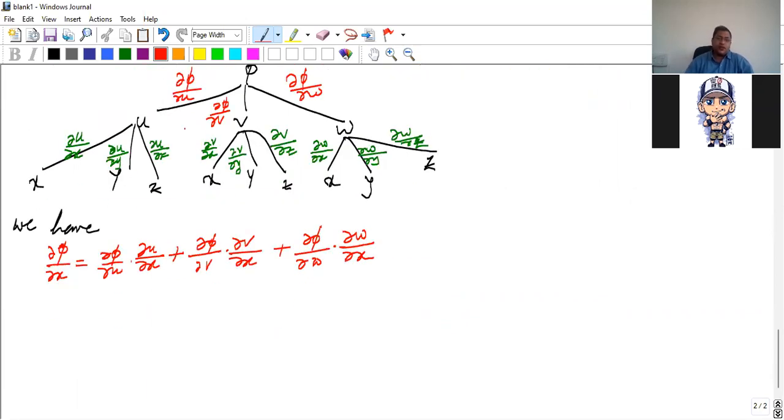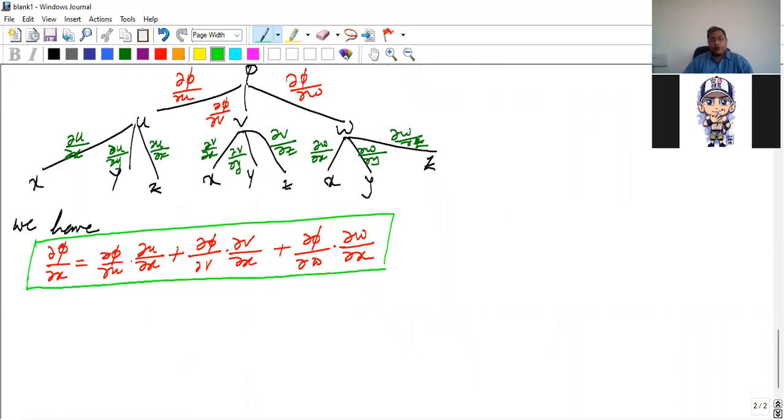Now, let us try to find the derivative of this phi with respect to y. Okay, so we got here the derivative with respect to x. Now let us have the derivative with respect to y. We have a w term, and we can have this for u and v also, so we'll write this one by one.